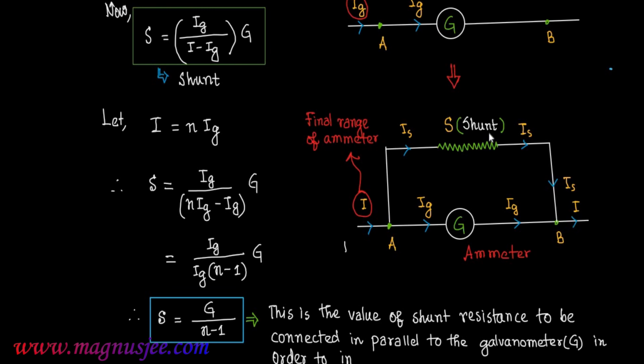This is the value of shunt resistance to be connected in parallel to the galvanometer G in order to increase the range of the ammeter n times.